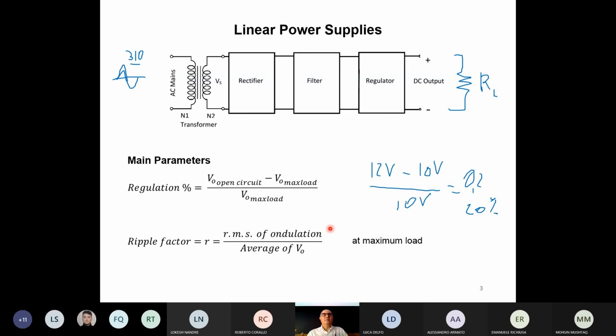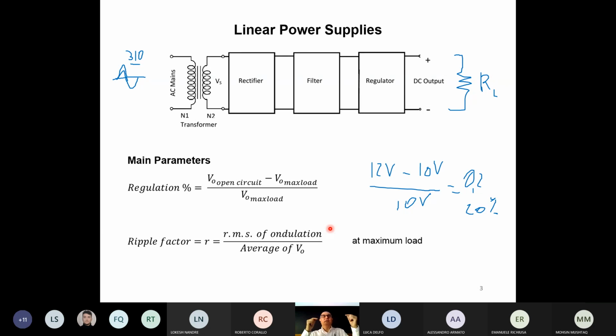Why the root mean square? Because the root mean square is an indication of the power associated with the ripple. The root mean square is a definition of the effective voltage, for instance. And the effective voltage, again, is associated to the power, equivalent power of a signal.